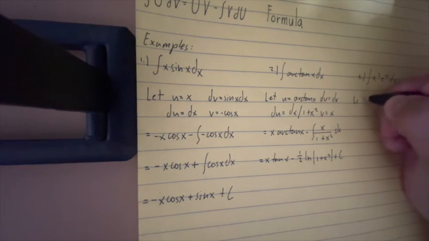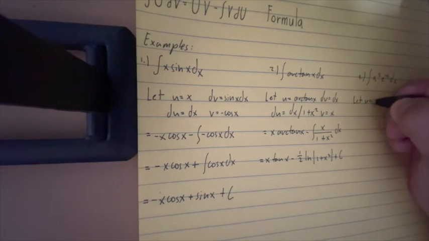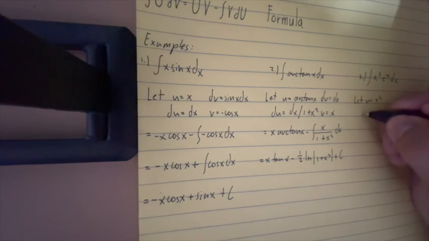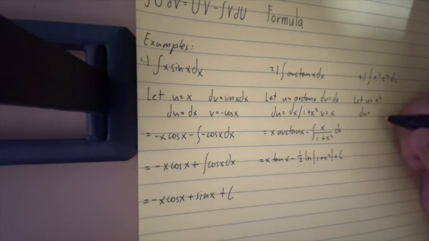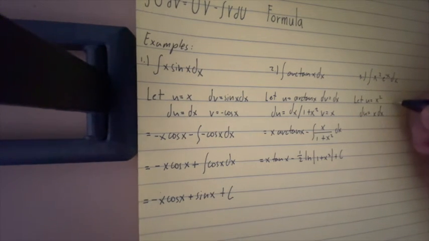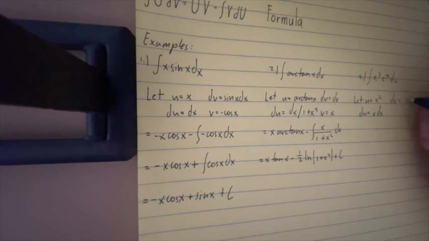Again, let u be x squared, du be 2x dx, and our dv will be e raised to negative x dx, and our v will be negative e raised to negative x.